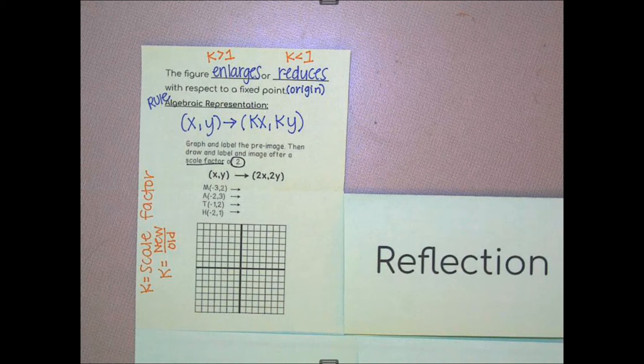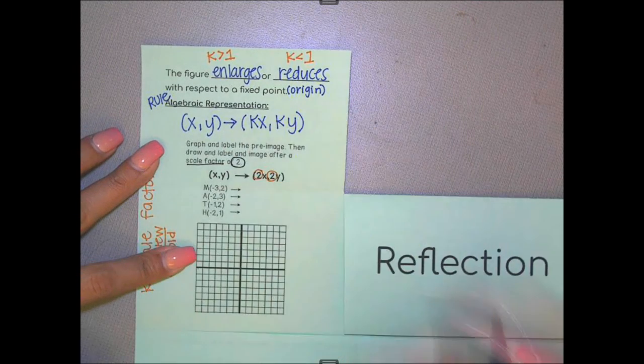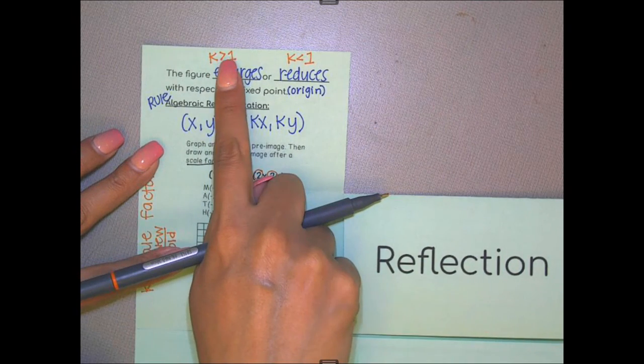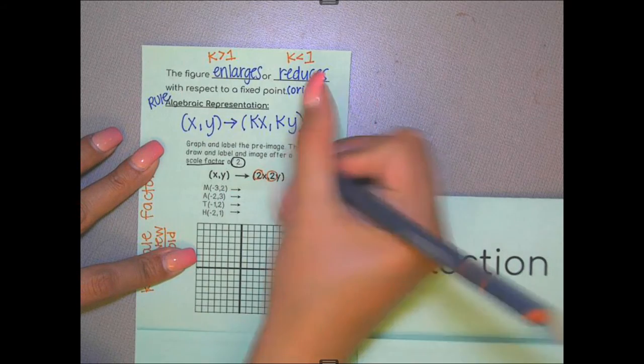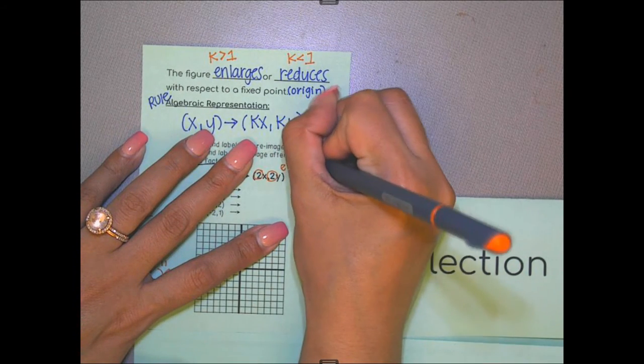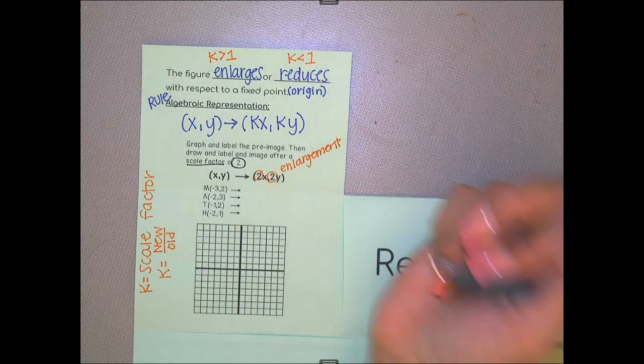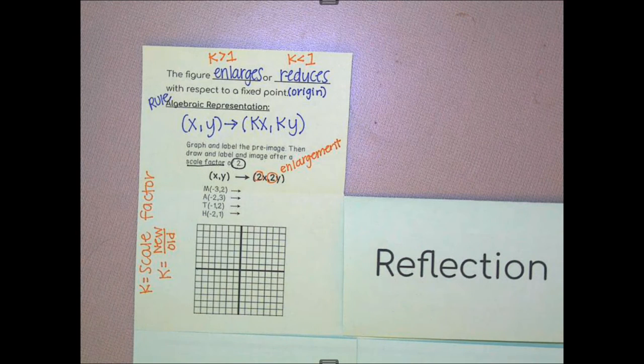Just looking at this rule and knowing that it says scale factor of 2, I can see 2 is greater than 1. So my new shape will be an enlargement. I need to make sure my new shape, my prime, is going to be bigger.